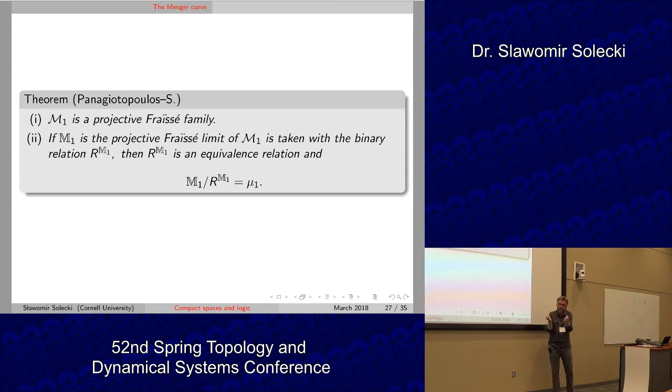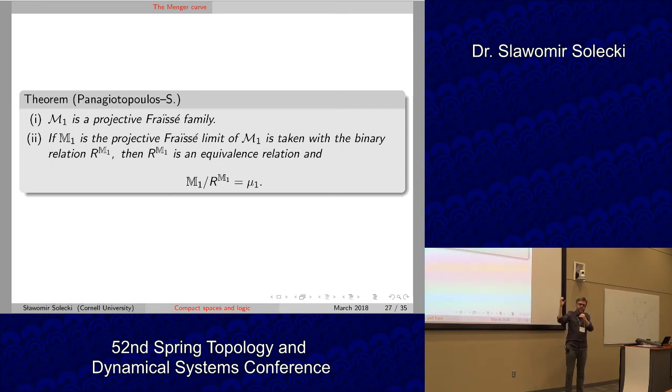Either singletons or doubletons. The generic position is a singleton, so most points are singletons, but there are uncountably many points that come in pairs. A very simple example of that situation is the Cantor set, the usual Cantor set on the real line.